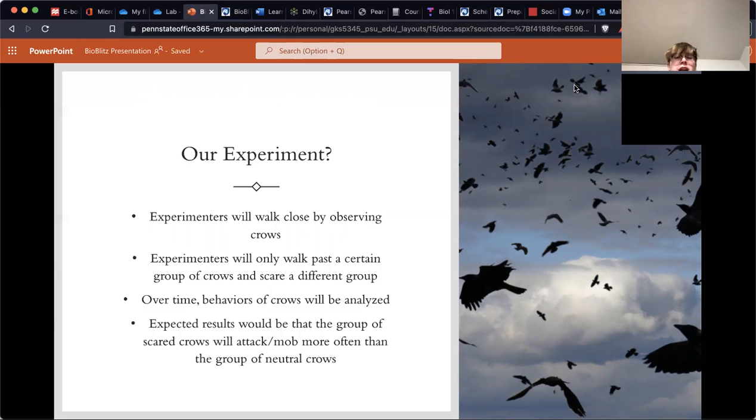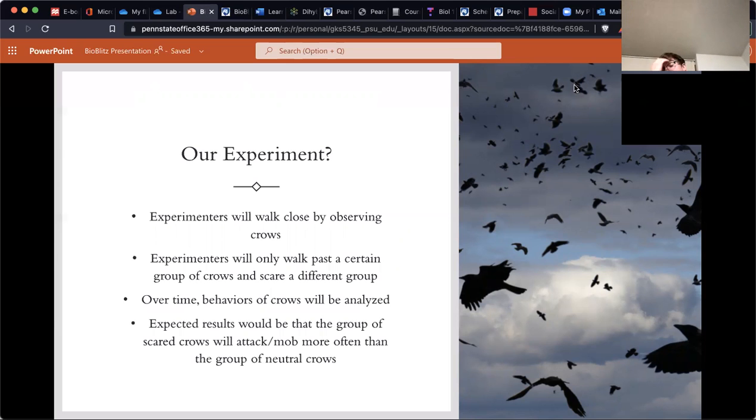We thought that experimenters could walk by or walk pretty close by crows that are observing them. And experimenters will only walk past a certain group of crows and scare a different group.